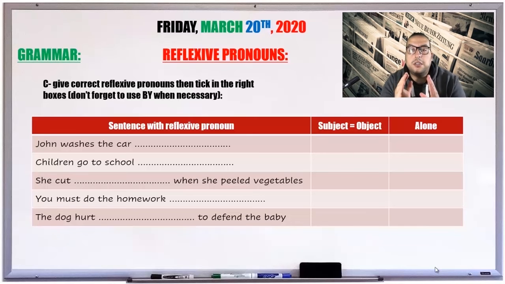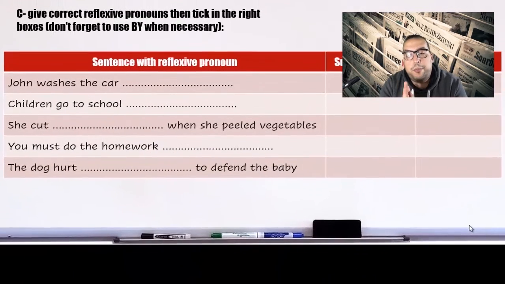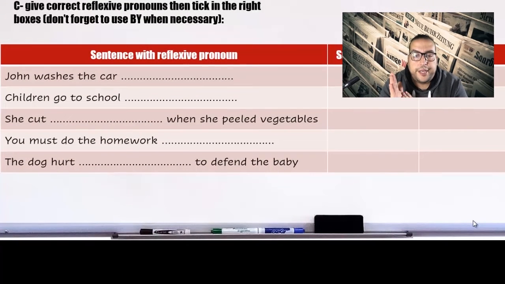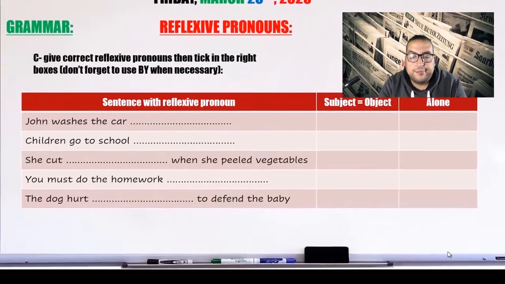So I want you to pause the video, take your time, and we will go back after you do the exercise. There is no harm if you rewind the video and watch it more than one time. And then I see you with the correction.